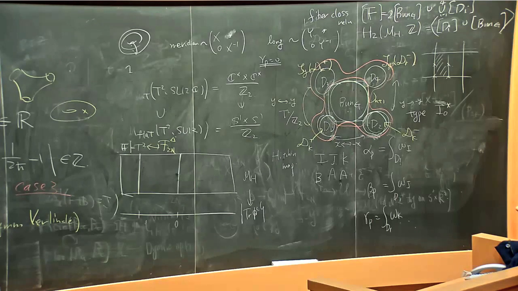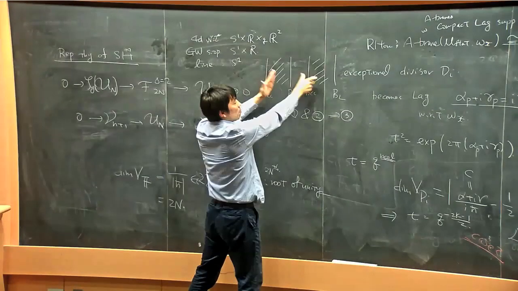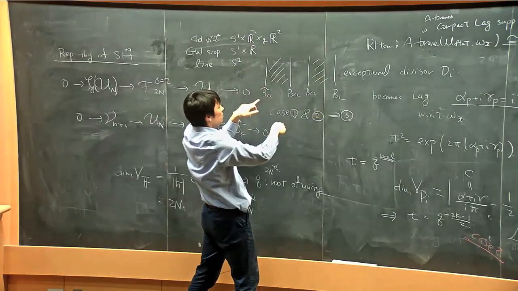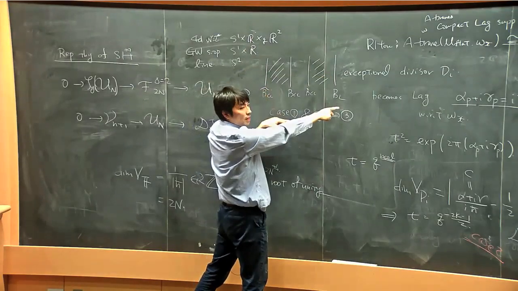And the Morita equivalence can be understood as follows. You consider the ordinary BCC, which will give you the spherical DAHA, and I call it BCC hat coming from the line operator on the surface operator. And you just consider the strip in between. So if you have a BCC and a BL, this will give you a module, and if you combine them together, you get the BCC hat with BL.